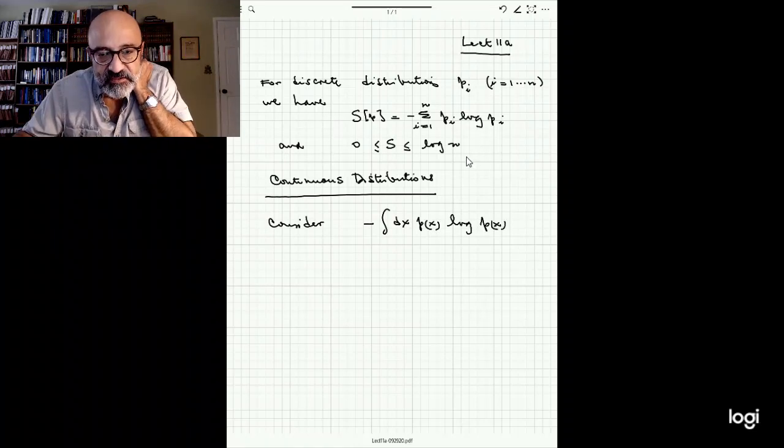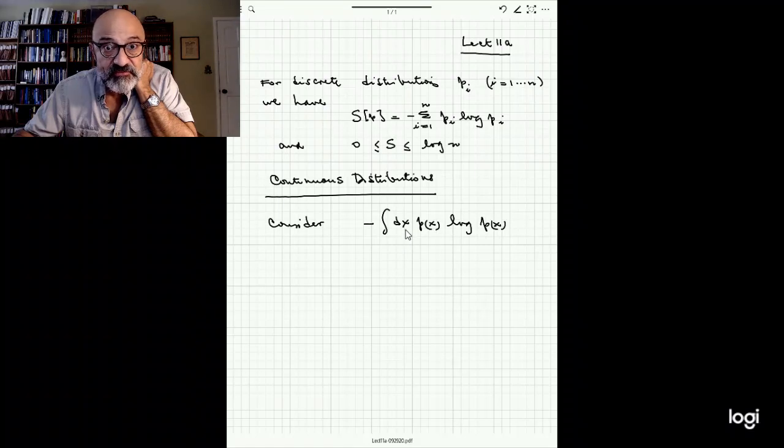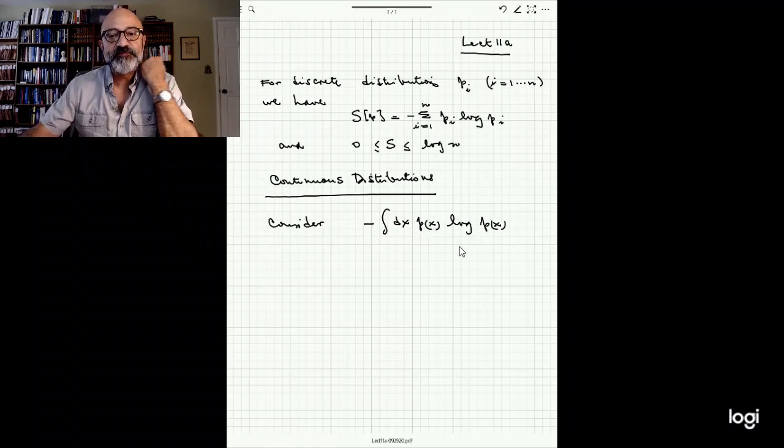It seems that it's a natural generalization of this. In fact, it is the expression that we saw Gibbs used, where dx would stand for the volume element in phase space, and p would stand for the probability distribution.